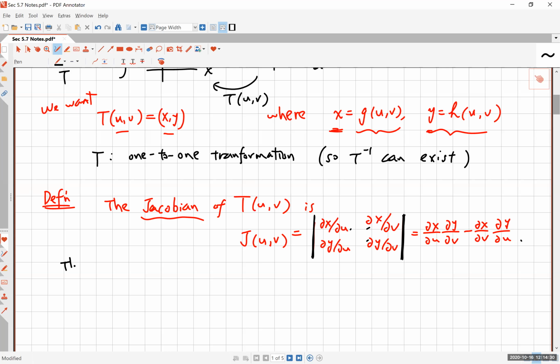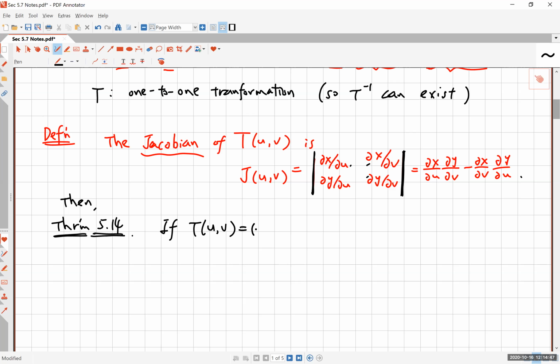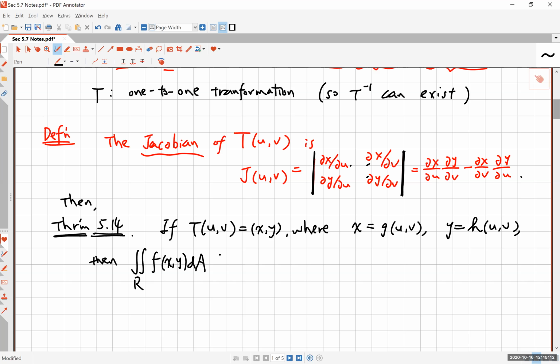So again, in the same setting, if T of UV is defined, and that's going to be XY, and I'll rewrite what I have written before, because it's part of the theorem, if X is G of UV and Y is H of UV, then the double integral over the region R of f of xy dA, where dA is dy dx or dx dy, is equal to, and watch this, the double integral over the region S, the region corresponding to R in the UV plane, not the XY plane.